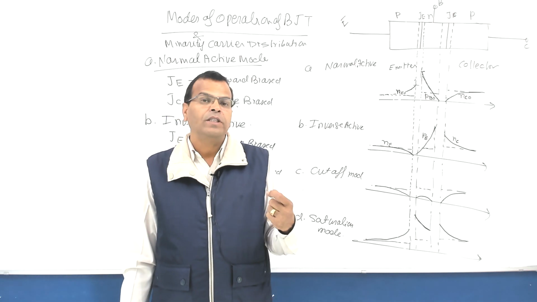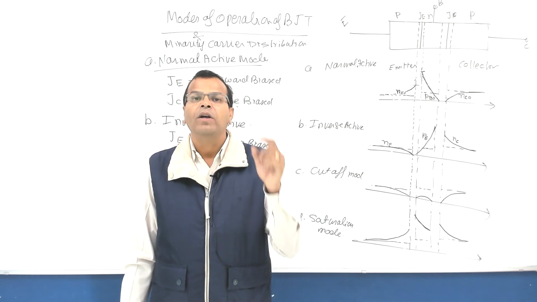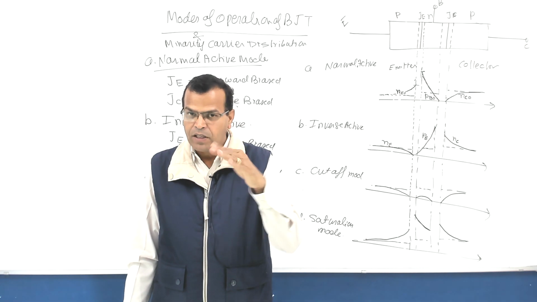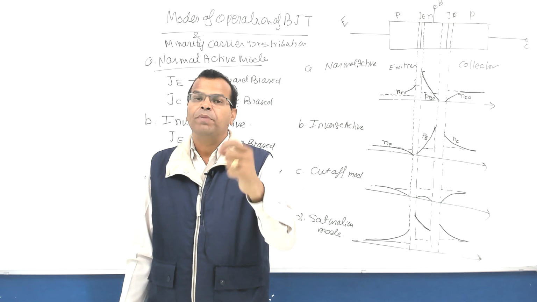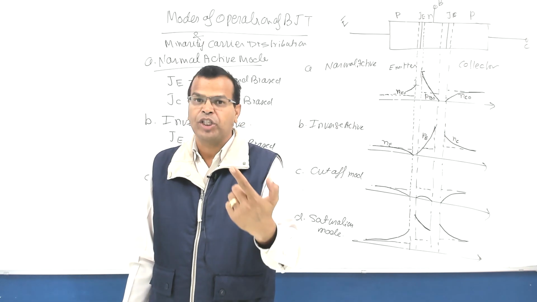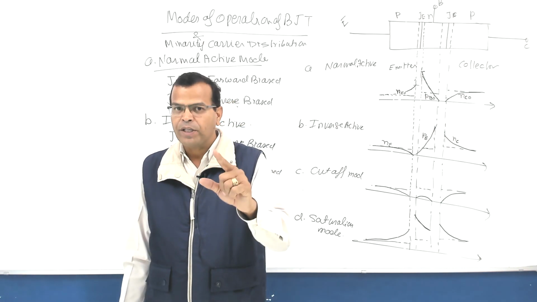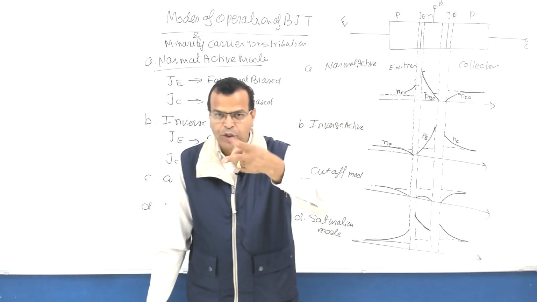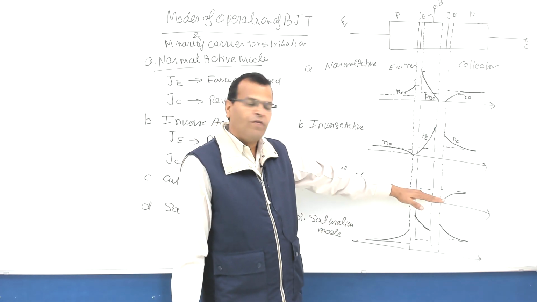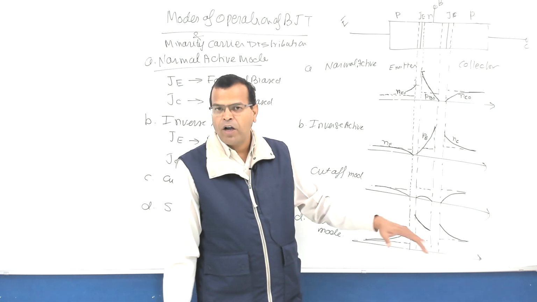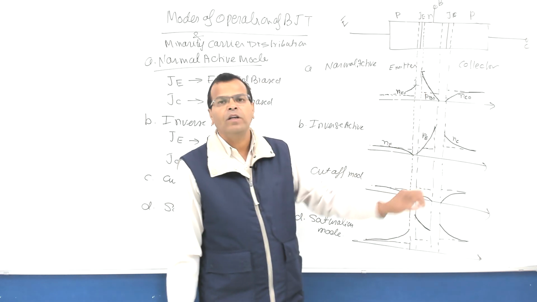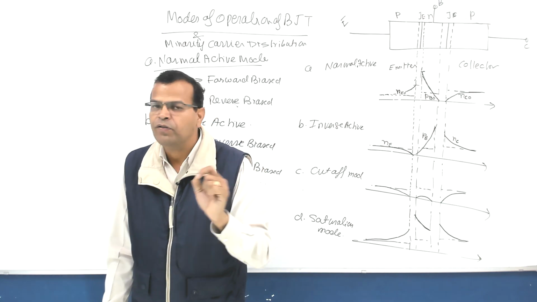So the BJT operates in saturation mode when both junctions are forward biased, the current through the device is large, and the device behaves like a closed switch. So for switching operation, BJT is flipped between the cutoff region and the saturation region. And for amplifier operation, it is operated in normal active mode of operation.